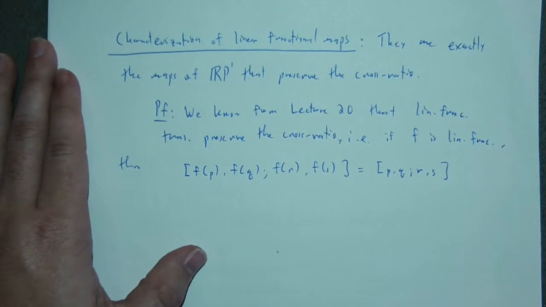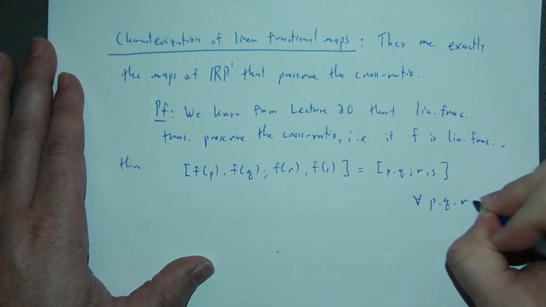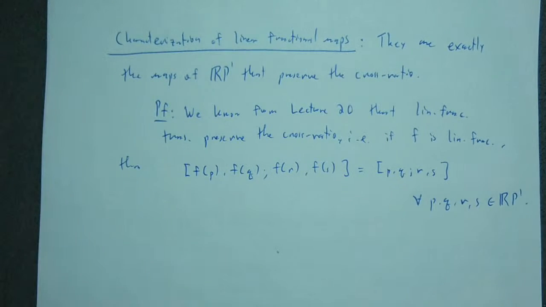For all PQRS in RP1. All right, so this gives us one direction, right? So linear fractional transformations preserve the cross ratio. Now we want to show that if a map preserves the cross ratio, it is a linear fractional transformation.